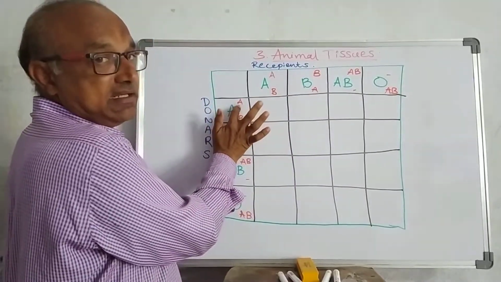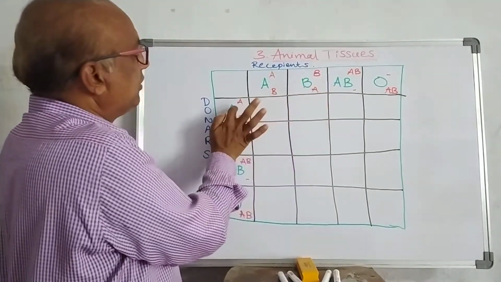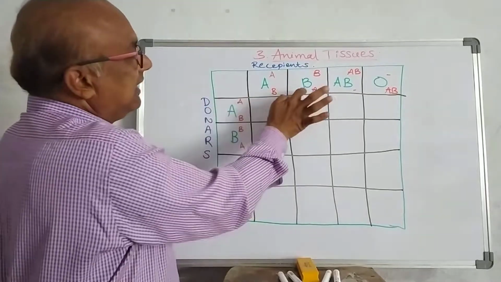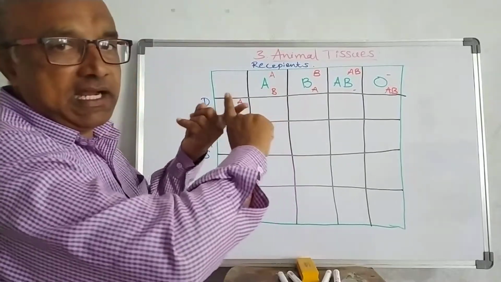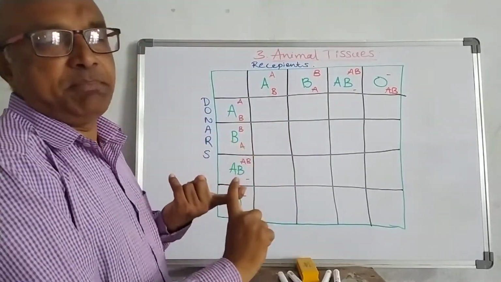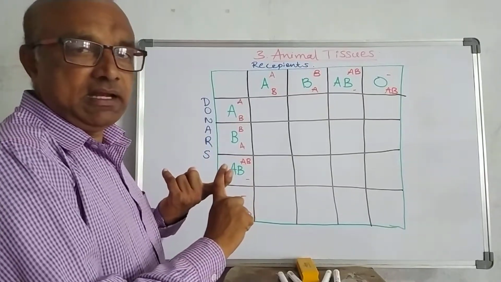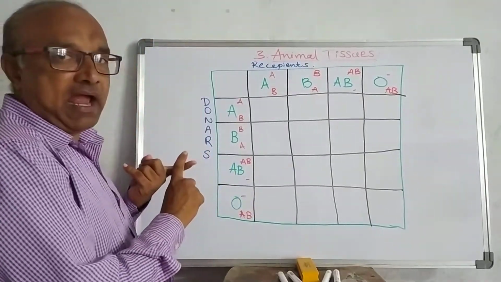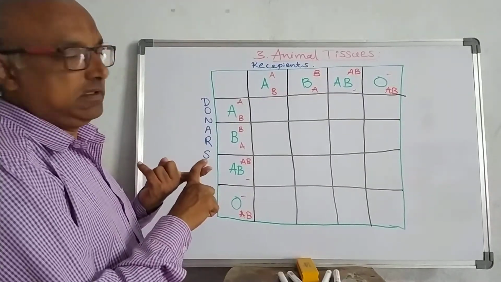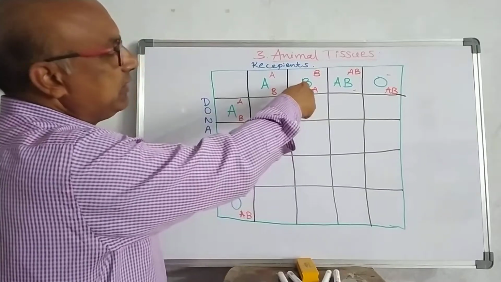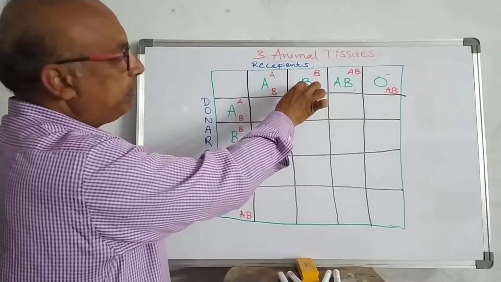Here we should see antigen A, and here we should see antibody A. So this antigen A from the donor and antibody A from the recipient will fight against each other and form clumps. The formation of clumps between the action of antigen and antibody is called agglutination. So the blood is not suitable here. So this A blood group is not suitable for a B blood group person.